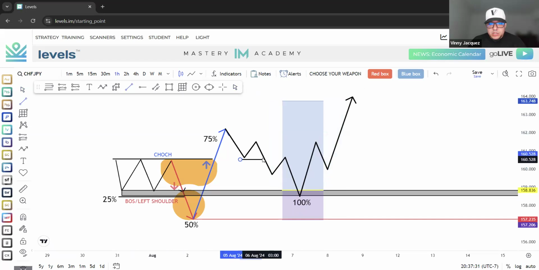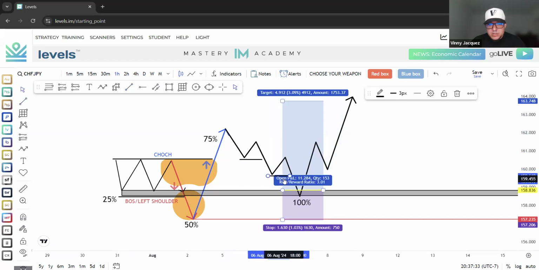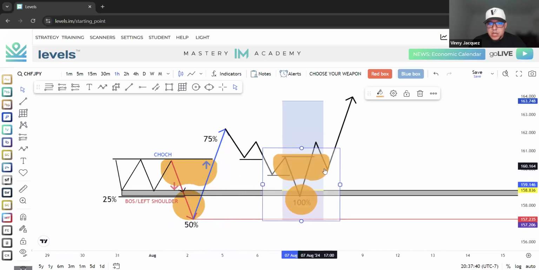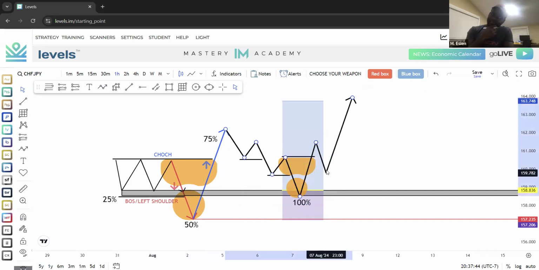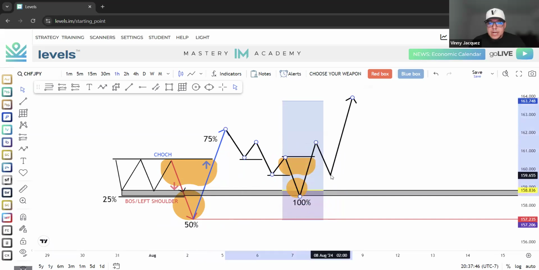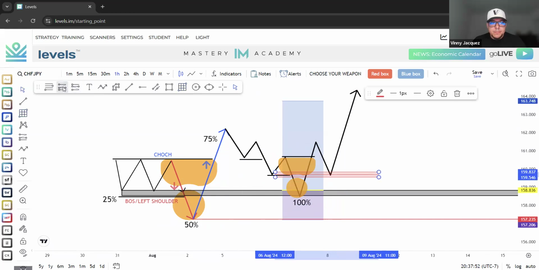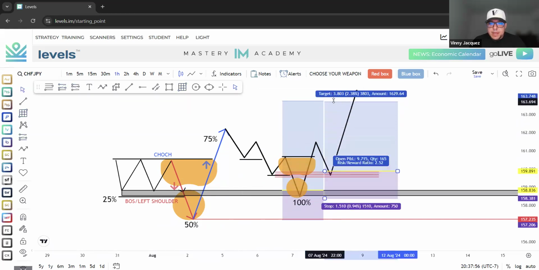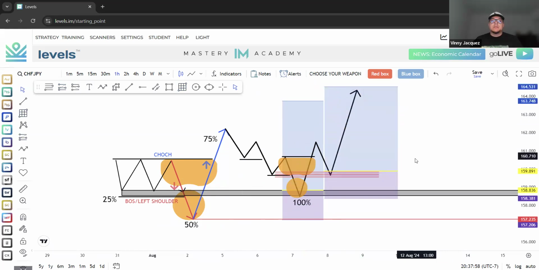We see break of structures. Once we get this change of character and get another little head and shoulder, we can go ahead and take a heavier lot at this area and send it back up. So then we'll have another setup that looks like this. Does that make sense? Yes. Thank you.